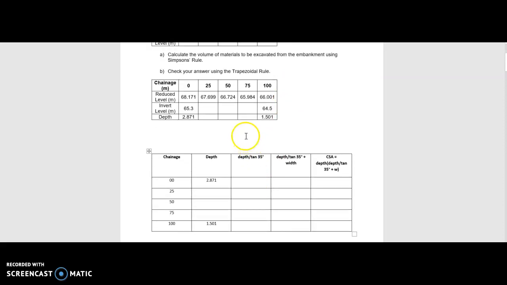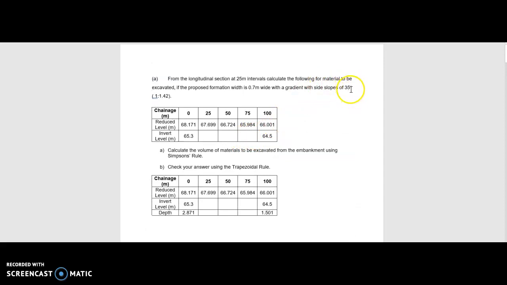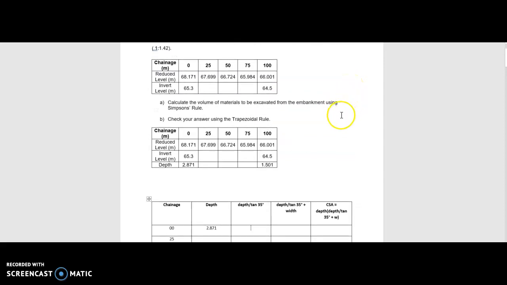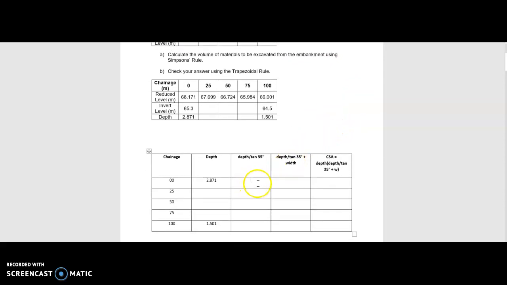Now, we were saying that our side slopes have an angle of 35 degrees. So we need to use a formula that is depth divided by tan 35. So your depth of 2.871 divided by tan 35 equals 4.100.